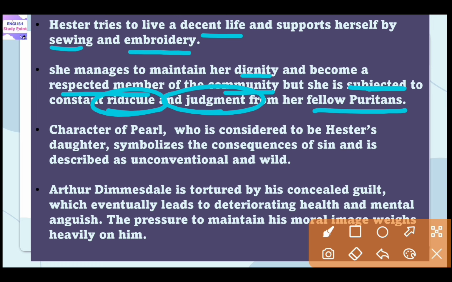So here, Hester faces judgment and isolation from the community while slowly finding her own strength and path of redemption. She is becoming a victim of their ridicule, but she keeps on enduring everything and learning from these people, and in a way she is gaining strength even after listening to so many bad remarks from fellow Puritans.